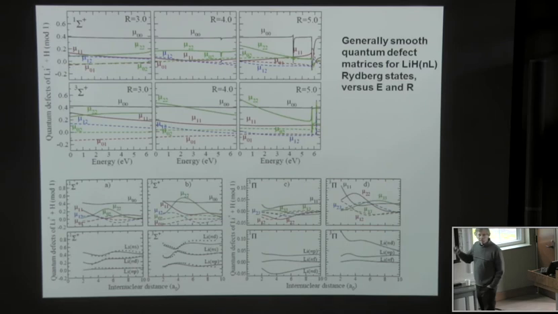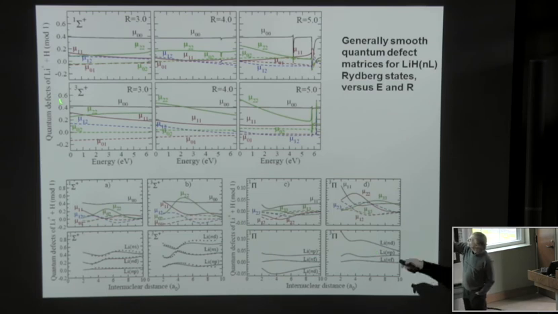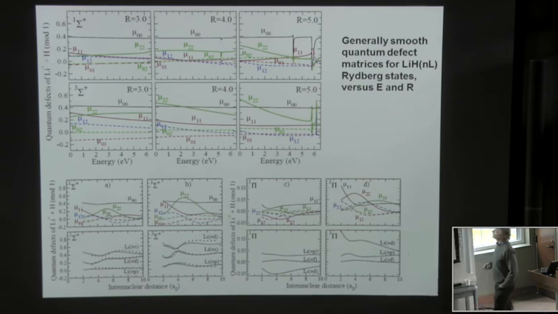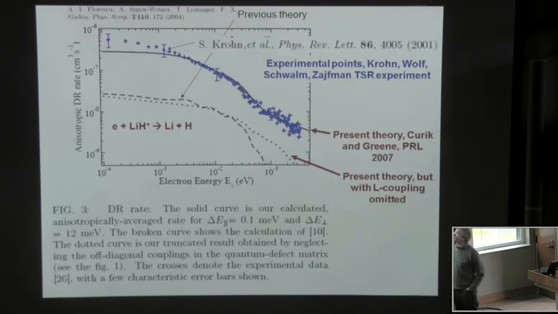So this is one case where we really did use these UK R matrix codes to calculate the quantum defects rather than taking them from bound state information. And they gave these sorts of quantum defect matrices, which are fairly smooth functions of distance. These are versus distance, and fairly smooth functions versus energy. So this gave us some confidence that we didn't need to worry too much about these difficulties about, for instance, the body frame energy. And we could just fold it into the same machinery.